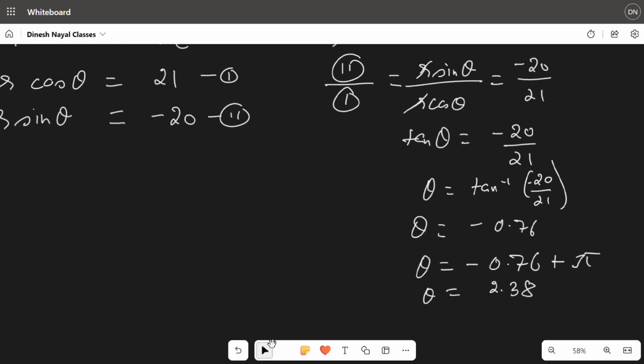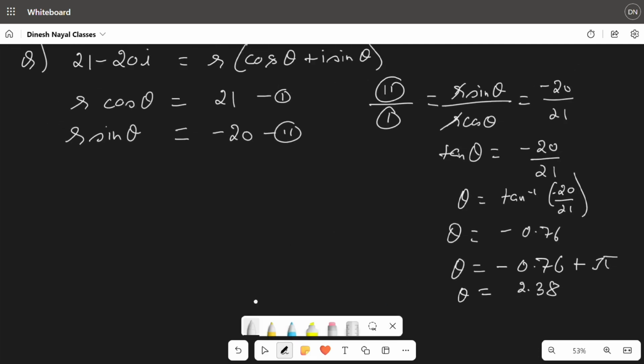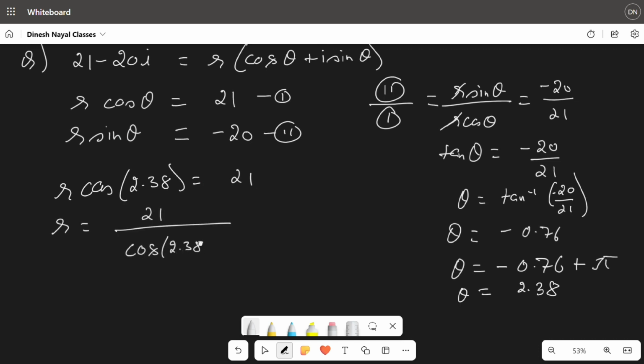Taking theta as 2.38 and substituting that in equation 1, to find r, this will be r cos 2.38 equals 21. So r will be 21 divided by cos 2.38. If you solve this in the calculator, this is actually minus 29.